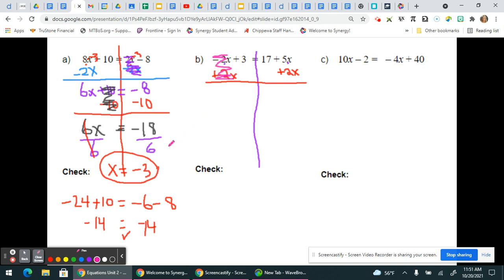They are 0. So I don't have to worry about them. I am left with a 3 over here on the left-hand side. And now my 17 is going to fall down, and 5x plus 2x gives me plus 7x. So now we have just a normal 2-step equation.